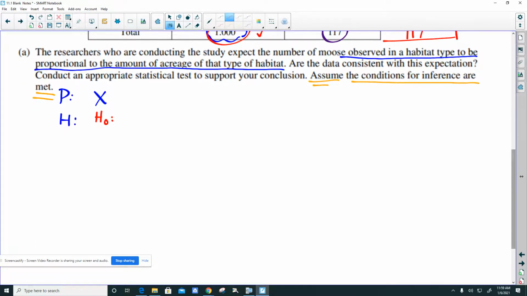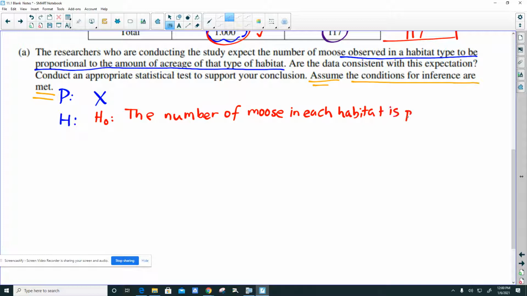The null hypothesis would simply be that the number of moose in each habitat is proportional to the acreage in that habitat.